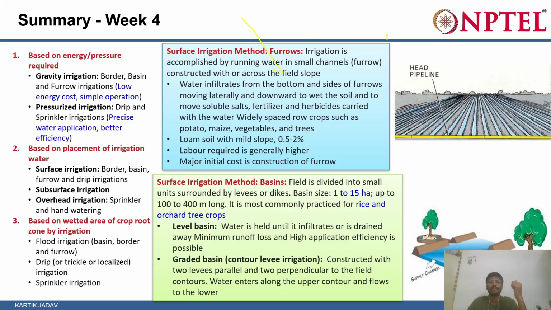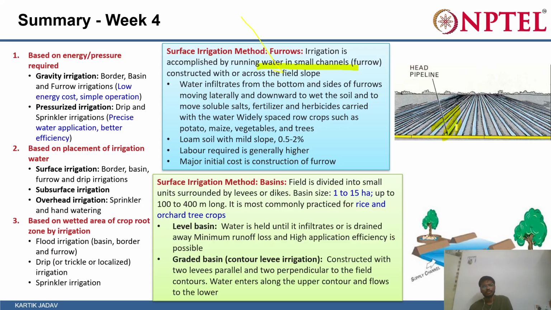Furrow irrigation is accomplished by running water in small channels, so the furrow is created in between your ridges, and you allow water to move in this valley kind of space. However, the length of the furrow, the width of the furrow, and what kind of grade you apply all depend on what kind of soil you have.